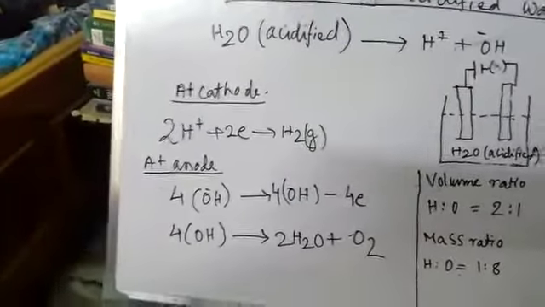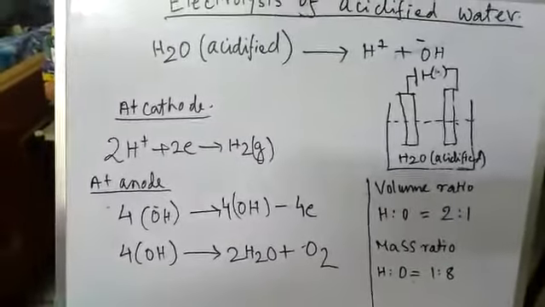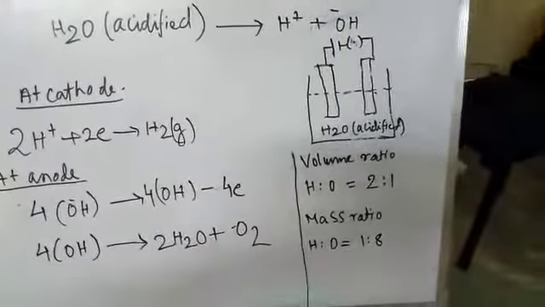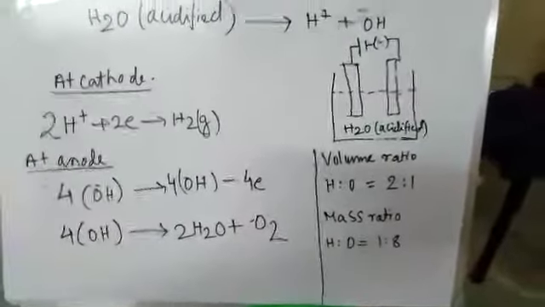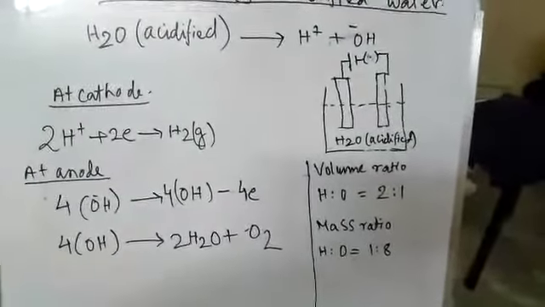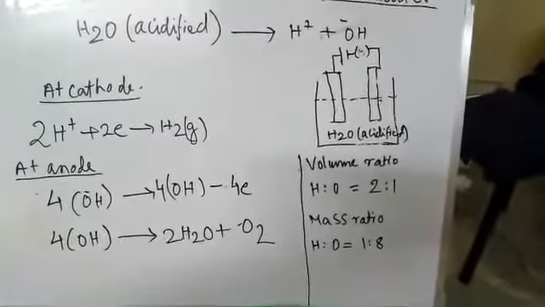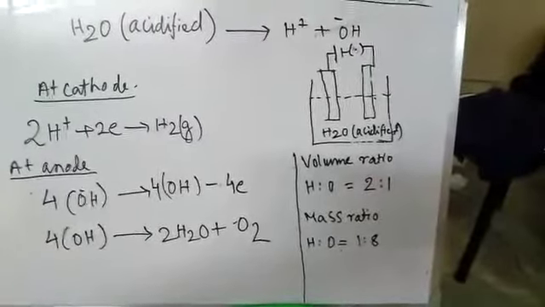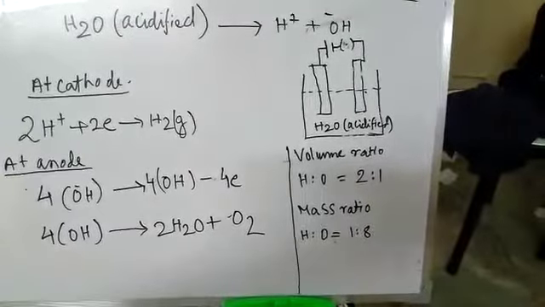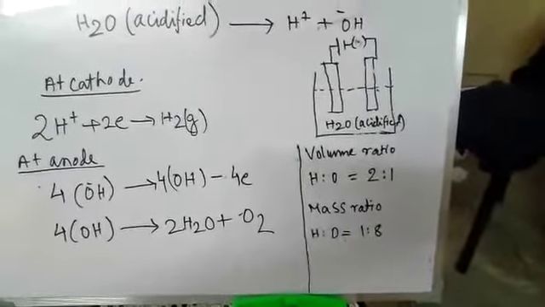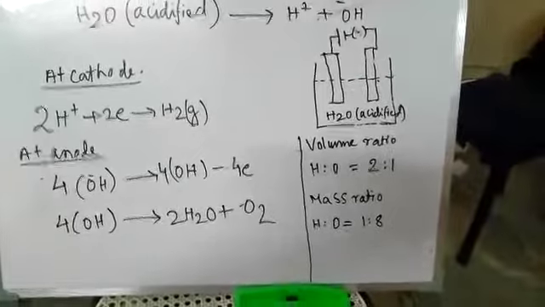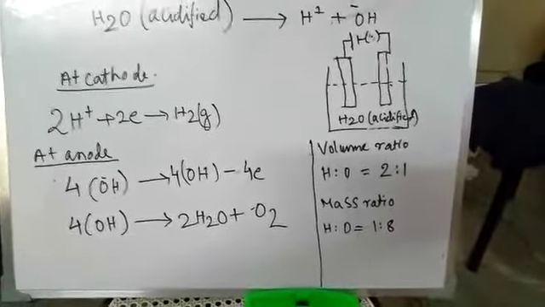The volume ratio of hydrogen and oxygen is 2:1. That means if 20 ml of hydrogen is produced at the cathode, 10 ml of oxygen will be produced at the anode. But the mass ratio of hydrogen and oxygen is 1:8.